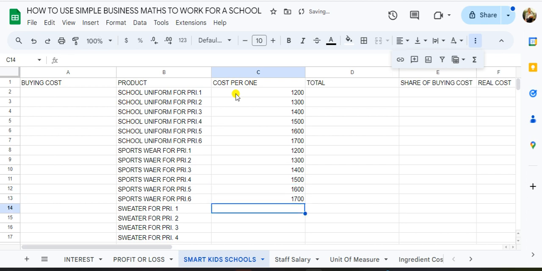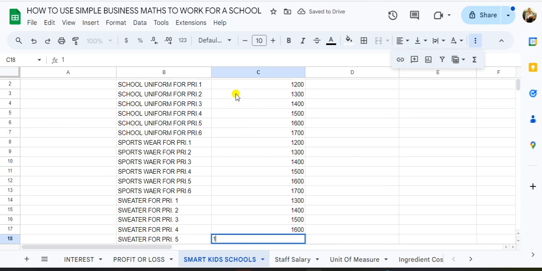All right. So their sweater, let's say they charge primary 1 1,300, 1,400 for primary 2, 1,500 for primary 3, 1,600 for primary 4, 1,700 for primary 5, 1,800 for primary 6.